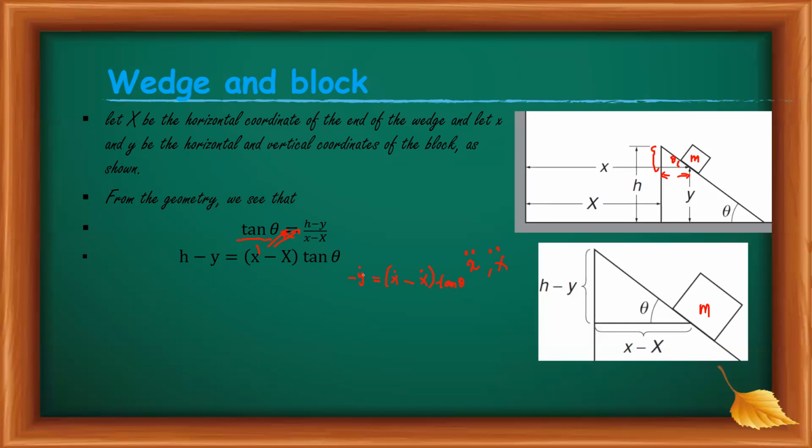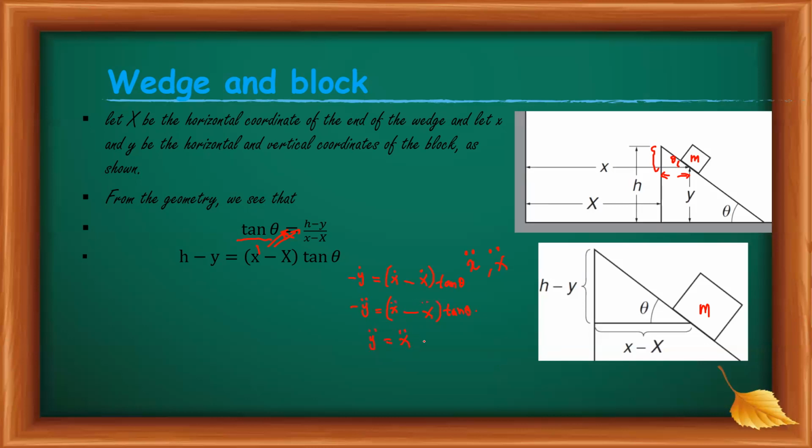Then we find the derivative once more. Then minus y double dot is equal to small x double dot minus capital X double dot into tan theta. Then we can write y double dot is equal to, we have to multiply a minus here, then this capital X double dot must be positive.